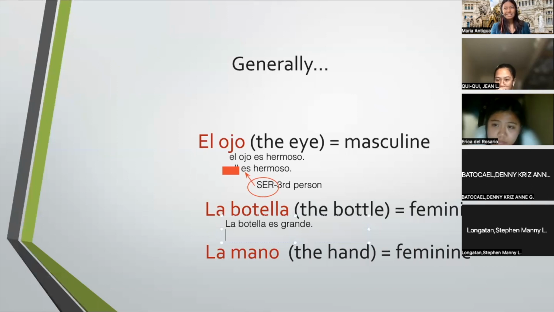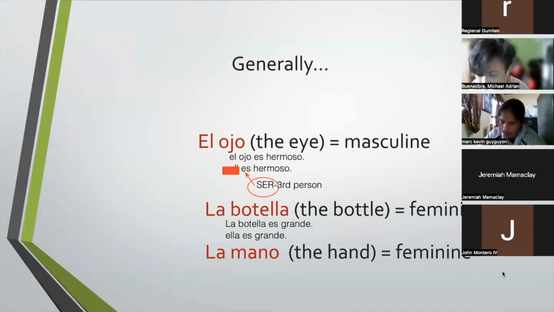So when you say la es grande, the literal translation is, the, it is big. But I want to say it is big lang. And you're talking about the feminine bottle, la botella. So ano ang counter? Ella. Okay, ella. Good. Ella es grande. Gets? Gets ng lahat? Okay na? Nagets nyo na?